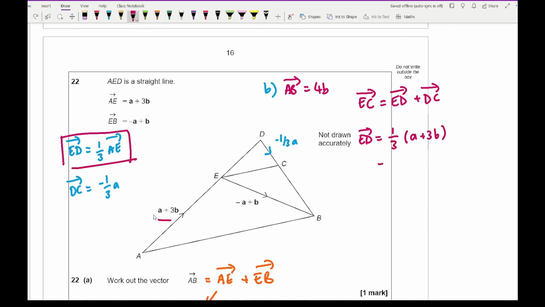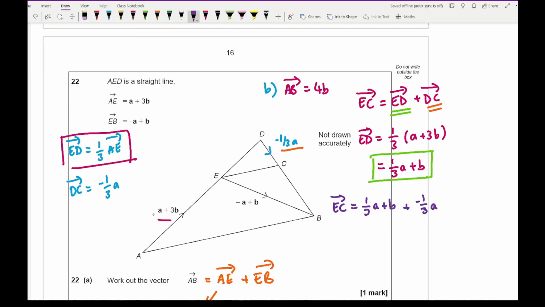Now if I expand the brackets out, I get 1/3 a plus b. Now if I just put a little box around that, and this is going to equal this, and DC is going to equal this, so therefore I've got EC equals 1/3 a plus b plus minus 1/3 a.